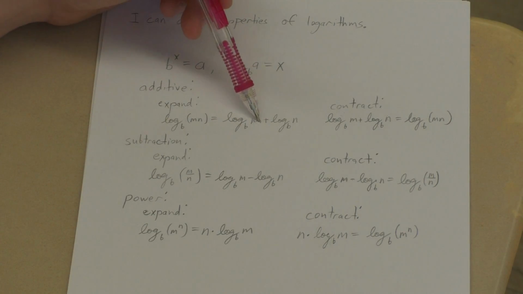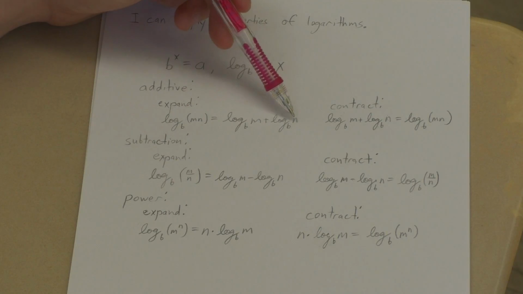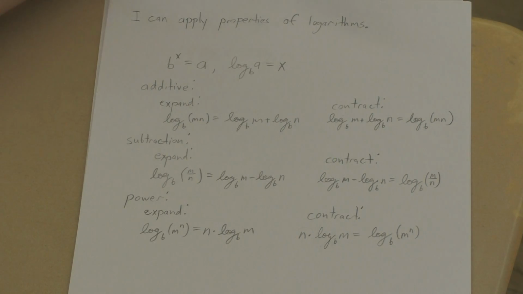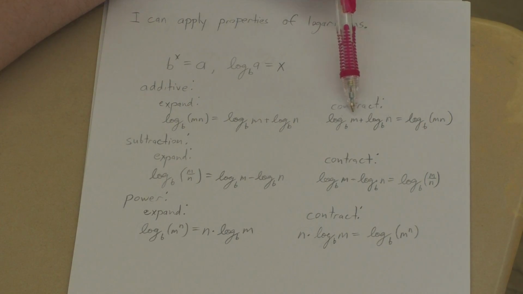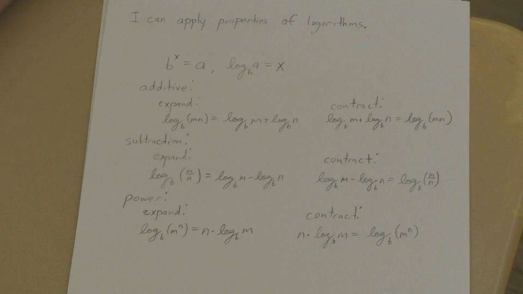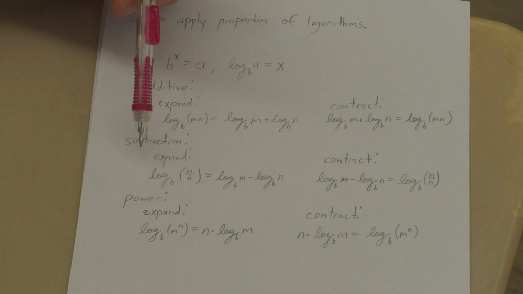So you have log base b of m plus log base b of n. You can also use it in the opposite direction. If you have two logarithms of the same base, and that's important, they have to have the same base, then you can take the numbers being taken of the log and multiply them together into one log.